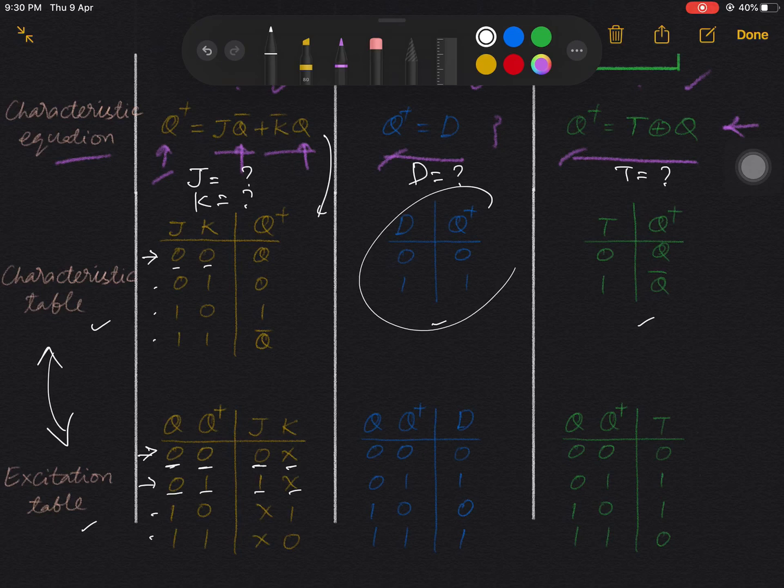So again, the problem is how to formulate the input of the flip-flop based on the desired next state, because the desired next state is already known based on the sequence of a particular system or machine.